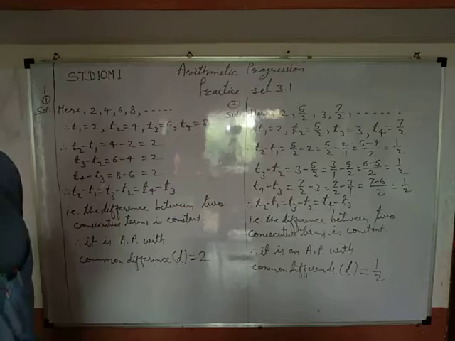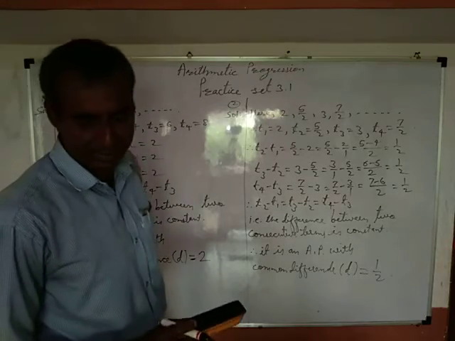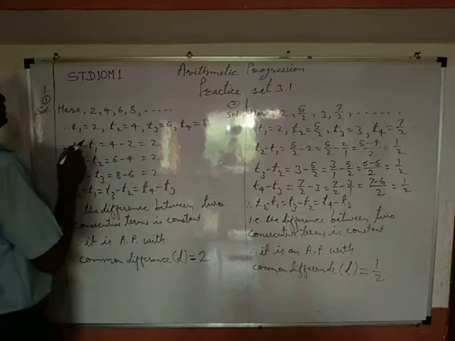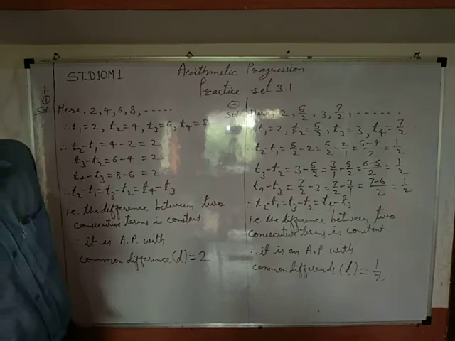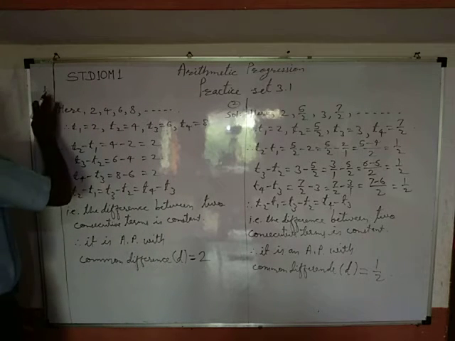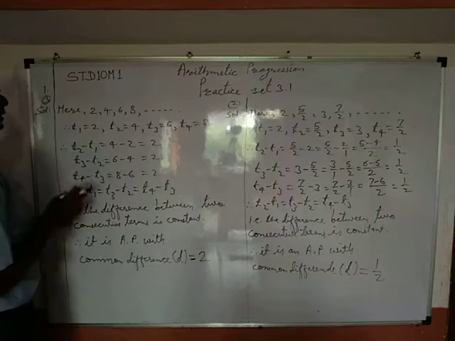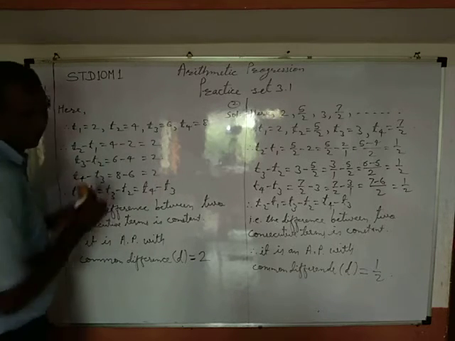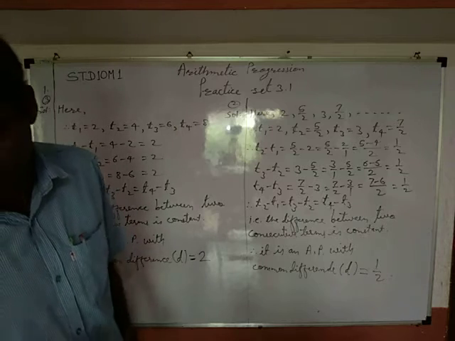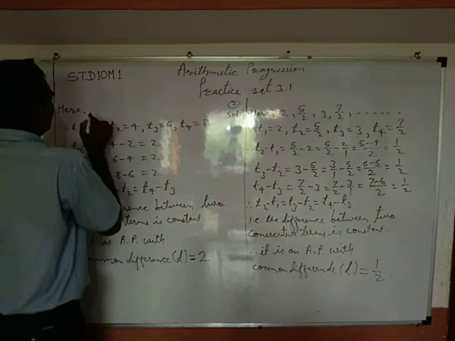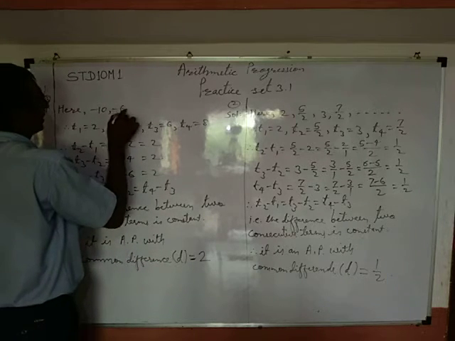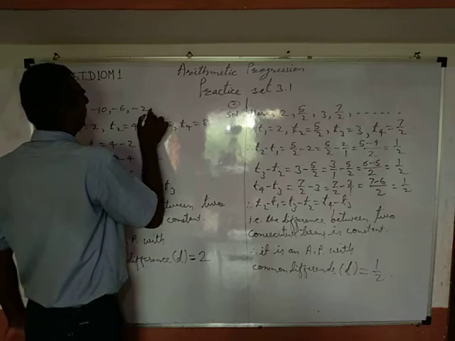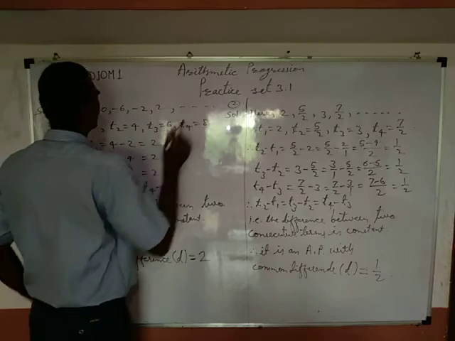Similarly, let's see third. Third sequence is -10, -6, -2, 2. Question third. Solution. Here, given sequence is -10, -6, -2, 2, and so on.